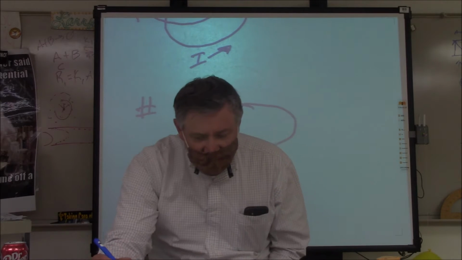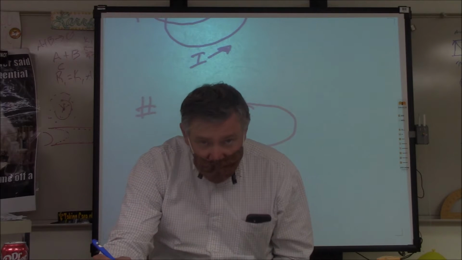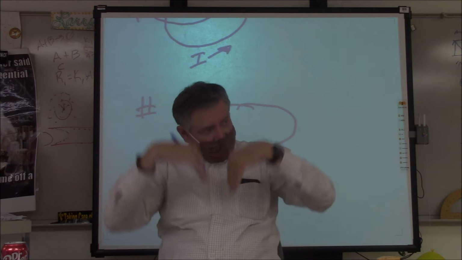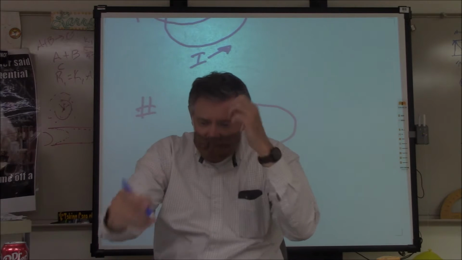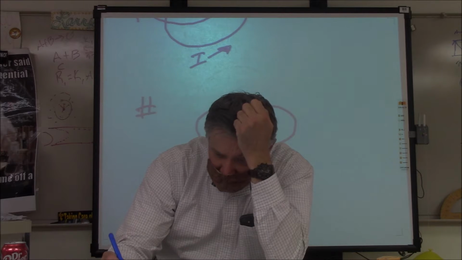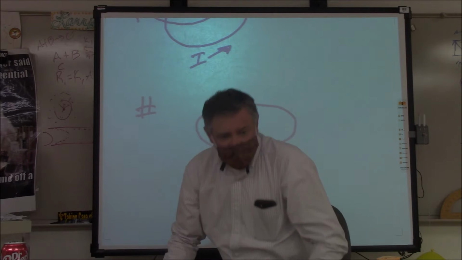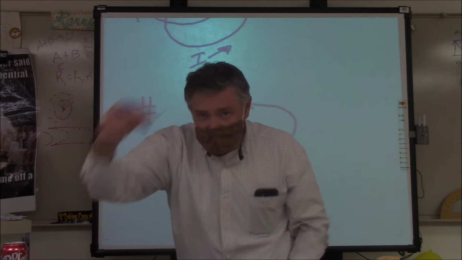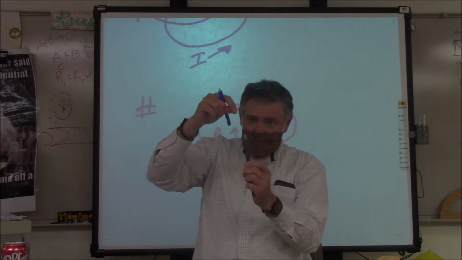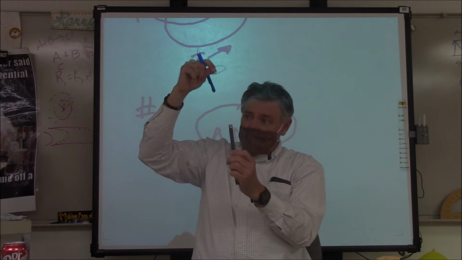So since this is the north end, are the field lines emanating from the north end or coming into the north end? Emanating. So they're going to be coming up like this, right? So imagine this. Here's your loop. Here's the north end of a magnet, and you're going to be going like this.